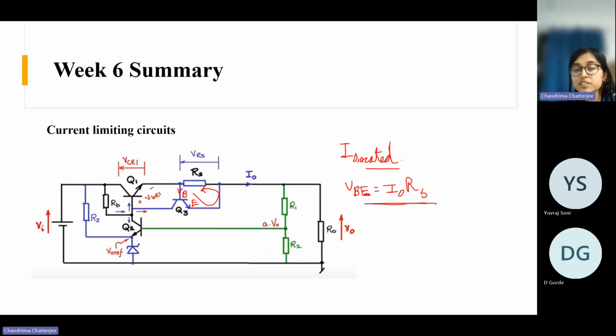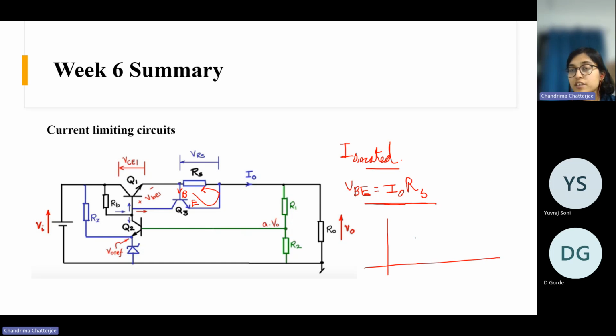By adding this BJT, we are ensuring that the blocked voltage here increases. As this voltage increases, like we said earlier, the output voltage will decrease and the current through it also decreases.